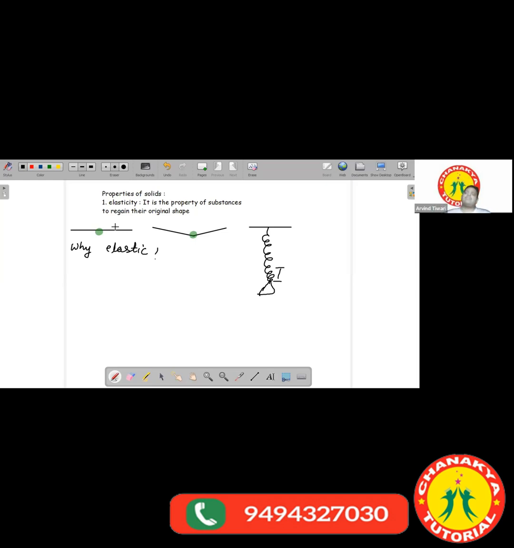Now, with elasticity, we have a formula, an explanation which we call Hooke's law.